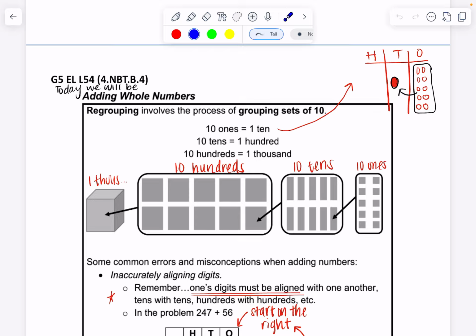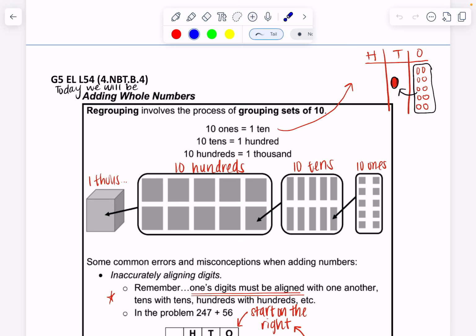So if you have 10 $1 bills, that is the same thing as having one $10 bill, okay? And if you have 10 $10 bills, that's the same thing as having a $100 bill, and so forth. So this first part is foundational understanding for students to identify how regrouping works, or make sense of regrouping, right?